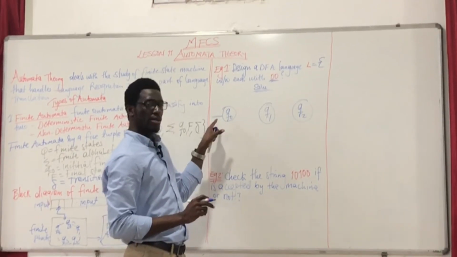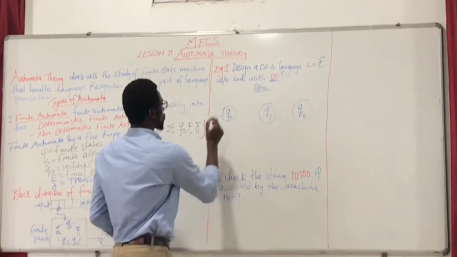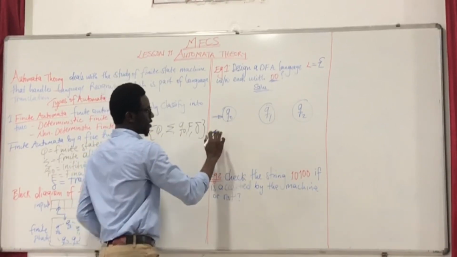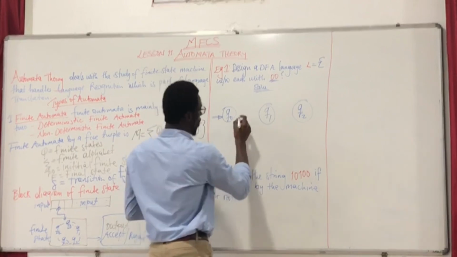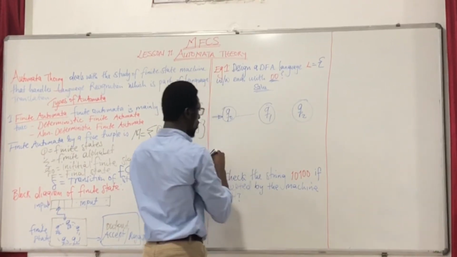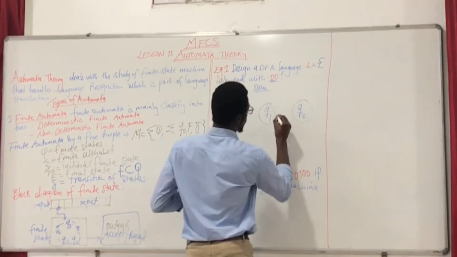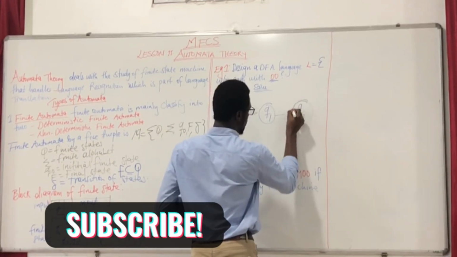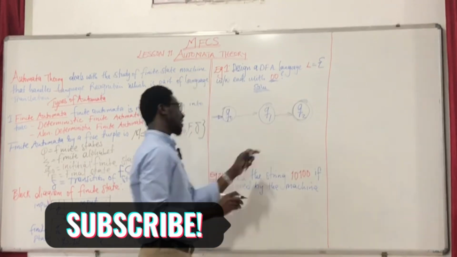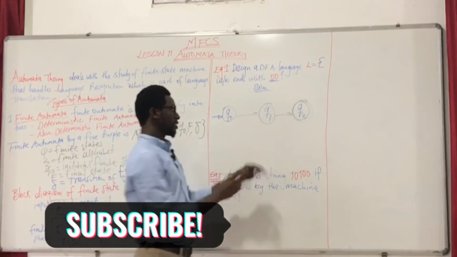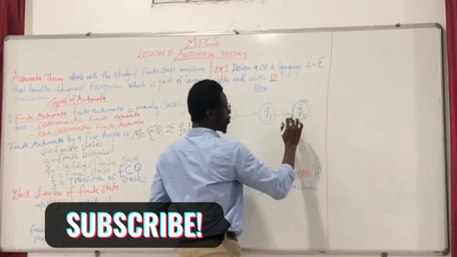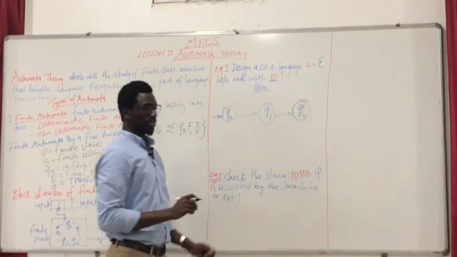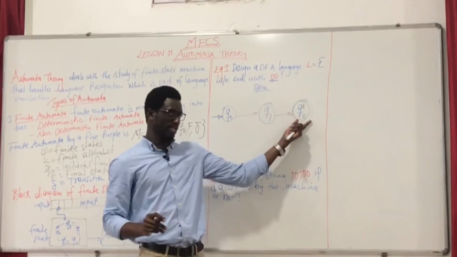It depends. So for us here, this is our initial state, and from this state we come to Q1 and Q2. Let's say Q2 here is the final state. The final state can either be designated by double circles, or we use a star like this. This tells us that this one is the final state.